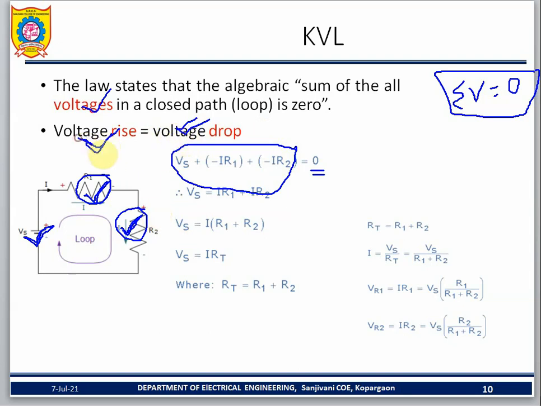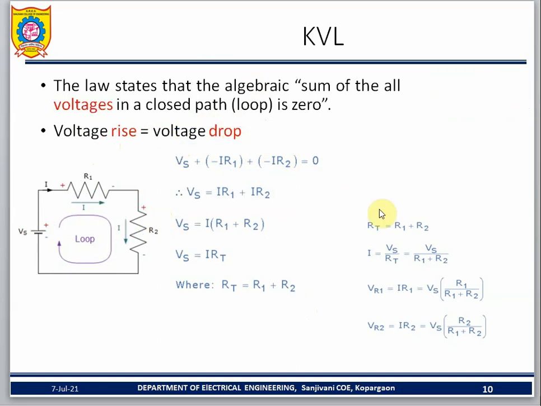Potential rise: your father has the rise, he has the amount of 50 rupees. Potential drop: drop means consumed, the 25 rupees you took. That is a drop. So this is about the Kirchhoff voltage law.